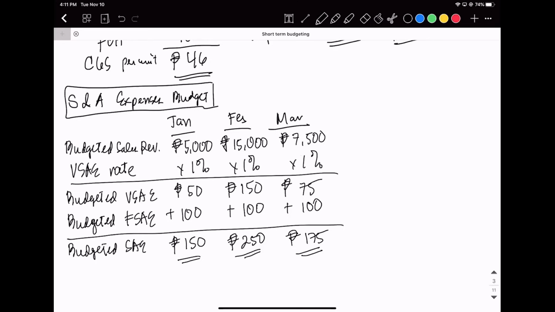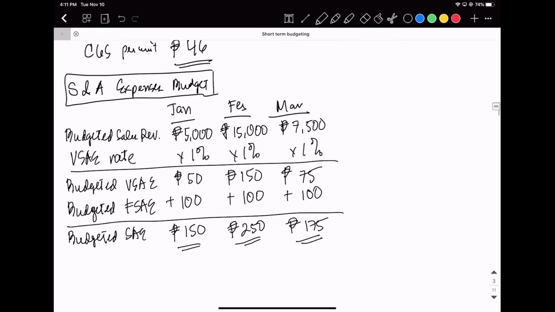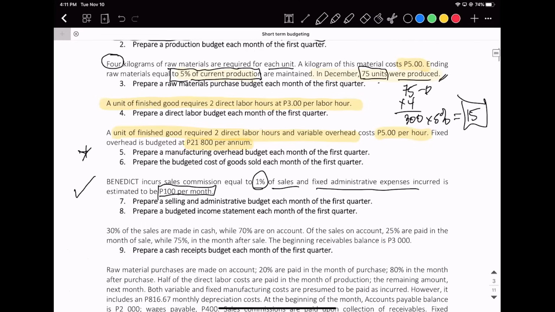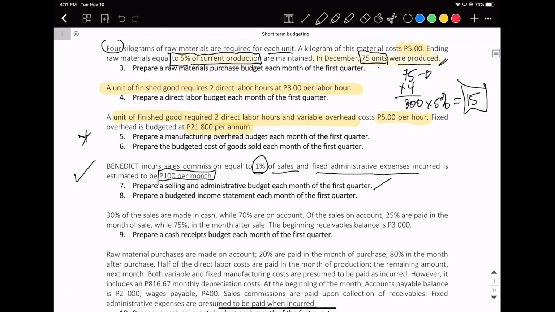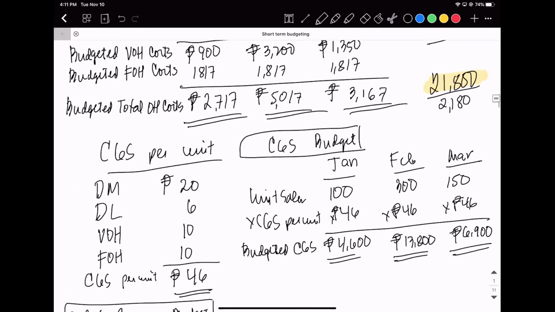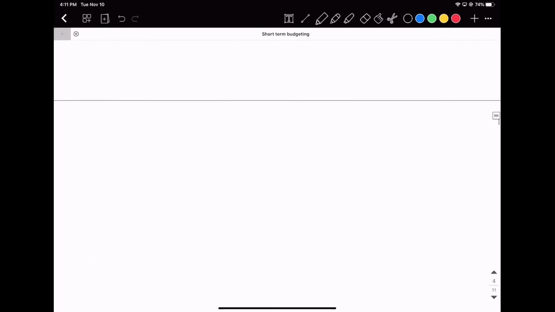Okay, meron pa, no? May isa pa. Yung final. Ano nakalagay dito? Income statement budget. So, we're done with this one. Ito na lang. Our budgeted income statement. So, IS budget. Ito na yung last sa operating.